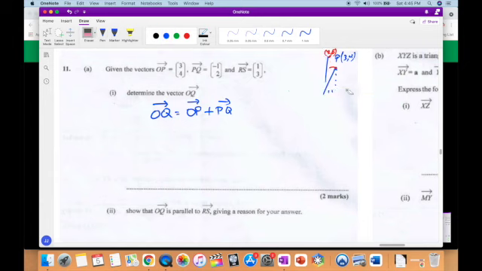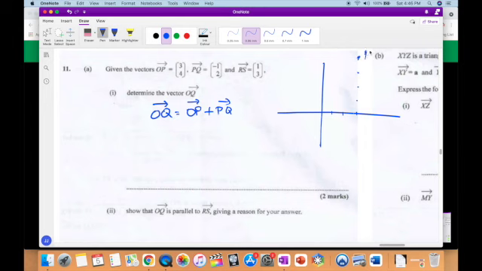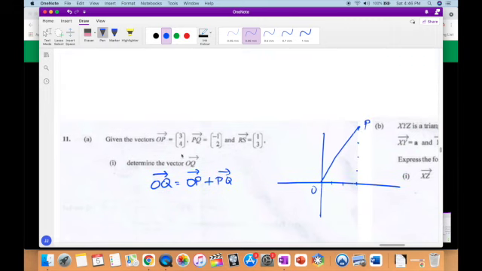Look at my sketch. 1, 2, 3, and then 1, 2, 3, 4. So that is the point P, OP. And then PQ, from the point P to Q is -1, and then going up 2, 1, 2. So that here is the point Q.